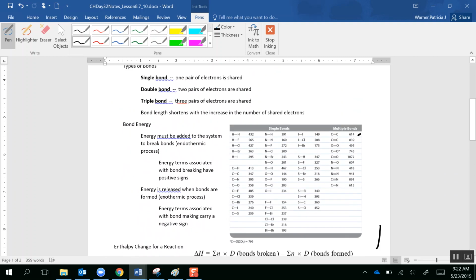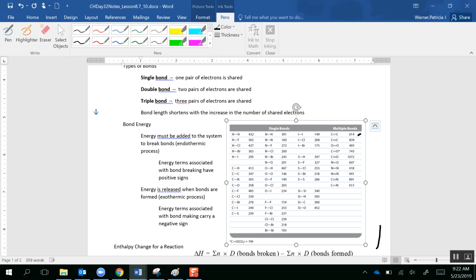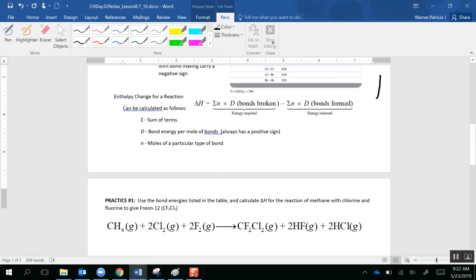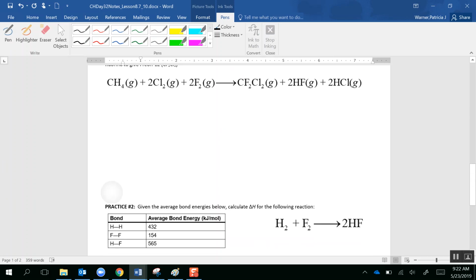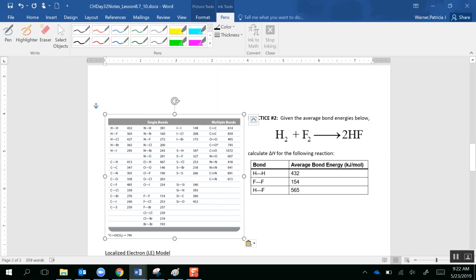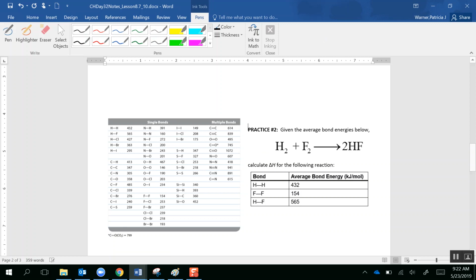What I might do here is take that particular diagram and move it down here so that I can work that problem on the same page.